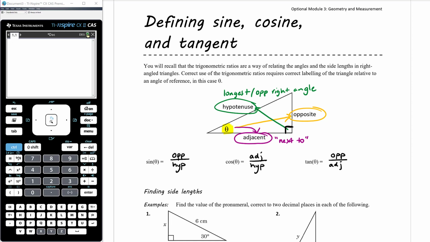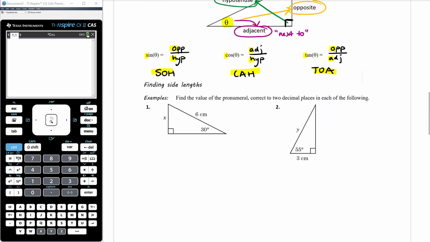So an acronym we would use, looking at the first letters of each of these things, SOH, CAH, we would talk about SOHCAHTOA. These should be very, very familiar things for you from Year 9, Year 10, Year 11 General Maths. This should very much be revision.